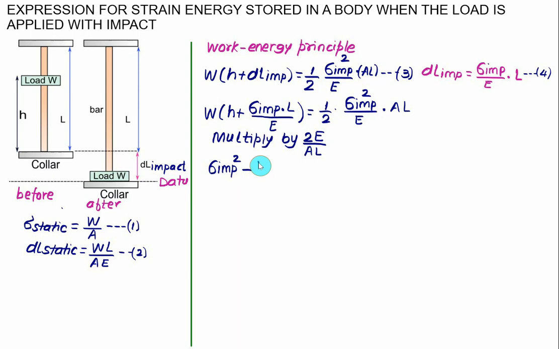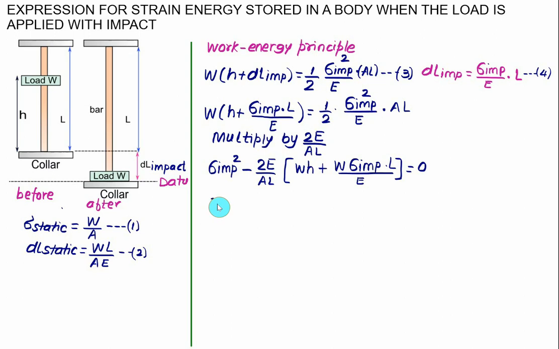It has to be multiplied by 2 times E divided by A into L, and we write here W into H plus W into sigma impact multiplied by length L divided by Young modulus E, and the sum must equal 0.